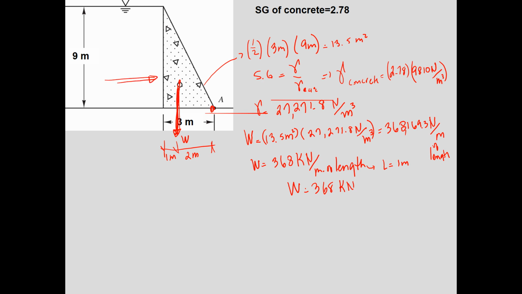Then I want to calculate the resultant hydrostatic force, and for that I need to calculate the average pressure, P, which would be the specific weight of water times the depth to the centroid. So this would be gamma, which is given, 9,790 newtons per cubic meter, and the depth to the centroid would be 4.5 meters.